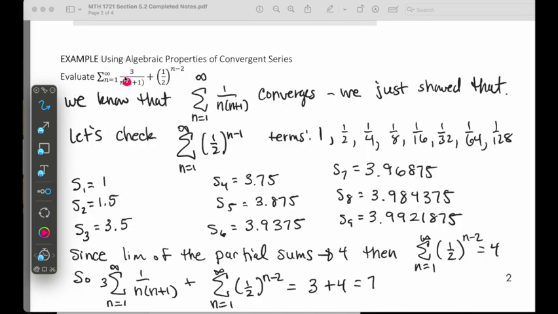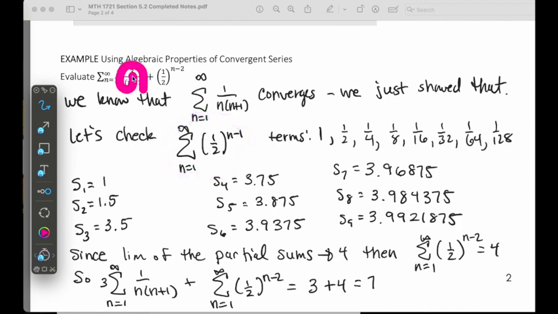So using the algebraic properties of convergent series, we're going to find what this series is equivalent to. Now, I know that the series of 1 over n times n plus 1 converges because we just did that in the previous example. We said that that converged to 1. So I know this series converges for sure. Now, let's check to see if this series converges.